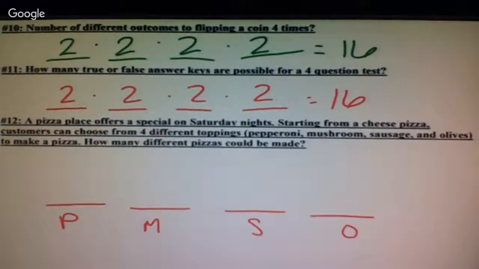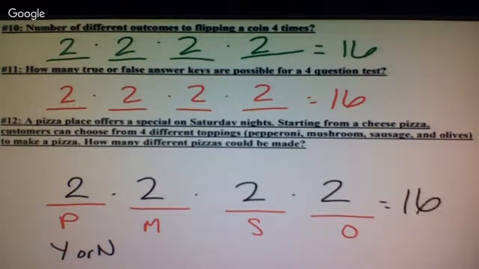You would tell me yes or no, so you've got two options. Do you want mushrooms? Two. Do you want sausage? Two. Guess what? It's 16 again.